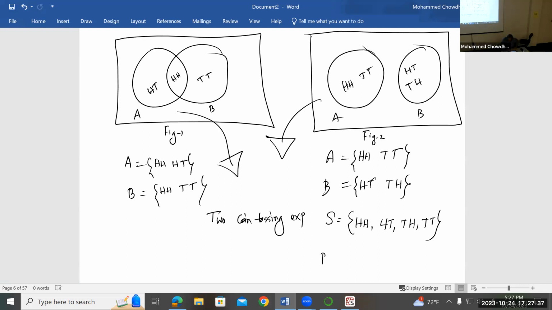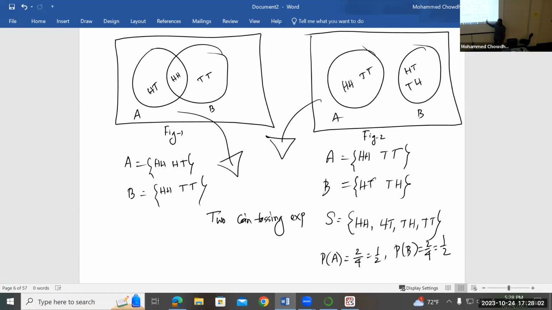So probability of A equal to what? 2/4, equal to half, right? In this case, probability of B equal to what? 2/4, equal to half, right? In this case, 2 sample points out of 4 sample points. So probability of A equal to half and probability of B equal to half. Clear, right?